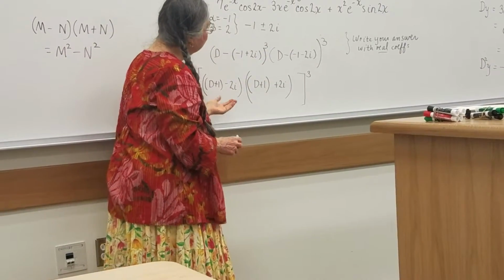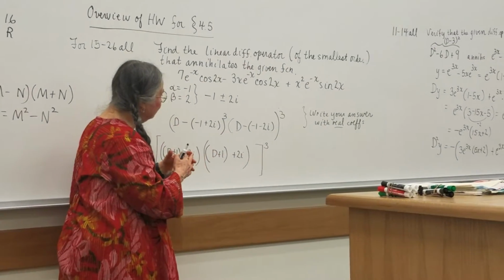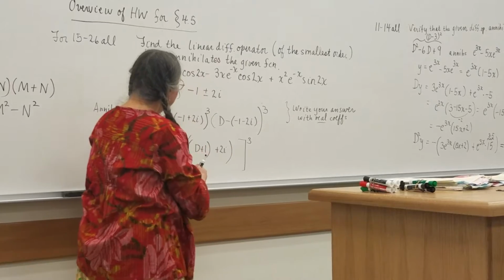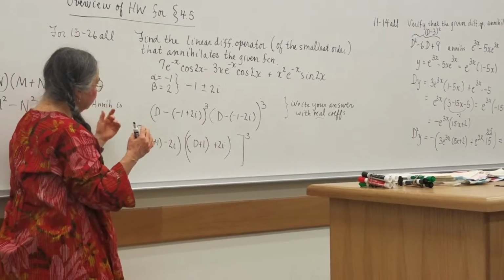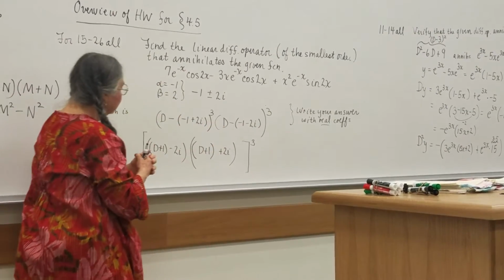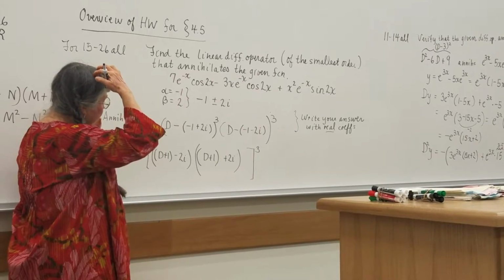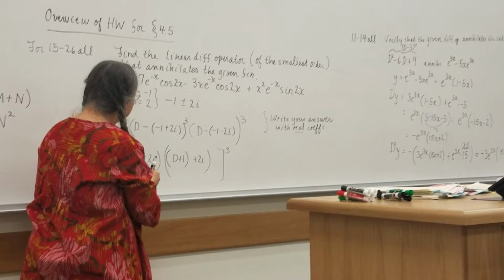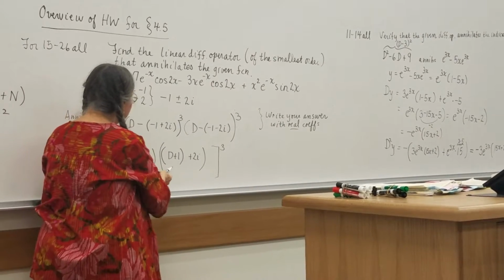They're conjugate pairs, so when you multiply them, you get real number coefficients on your polynomial. You might as well do it the most efficient way.